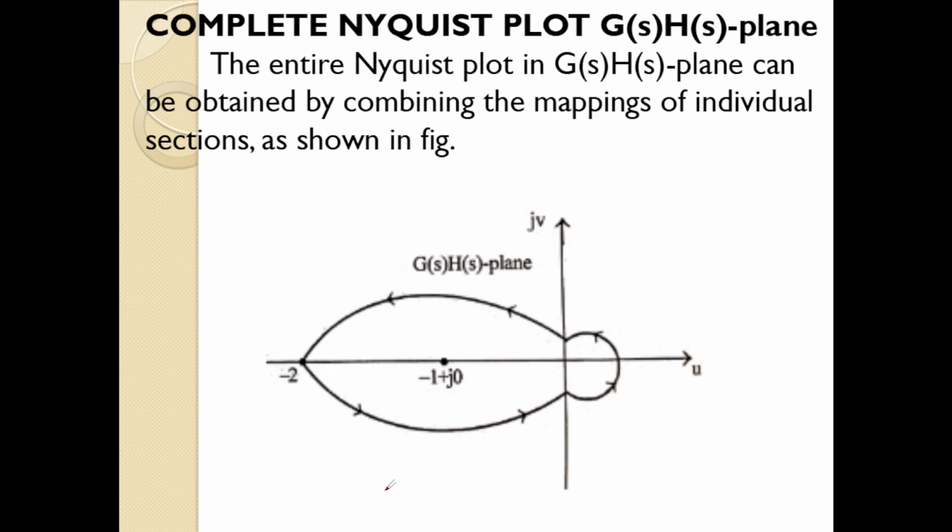Since the number of anti-clockwise encirclements is equal to the number of open loop poles on the right half of the S plane, the closed loop system will be stable. So the number of encirclements is 1 and the number of poles on the right side is 1. Therefore the closed loop system is stable, but the open loop system is unstable. Why? Because one pole is lying on the right half of the S plane.